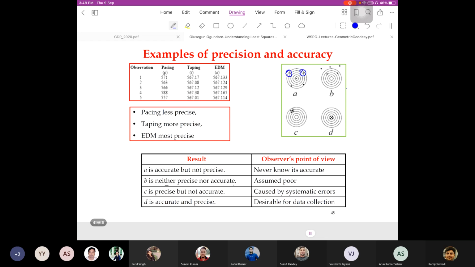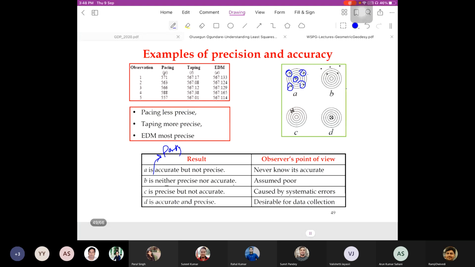So these four observations are very well separated out. There is only one observation which is near to the true value, but obviously these four cases also do not represent the accuracy. Only because of this we are just saying that A is partly accurate. I would not use fully accurate, I would use accurate and not precise.